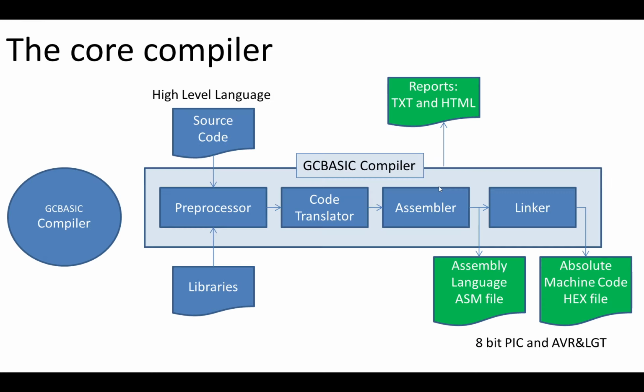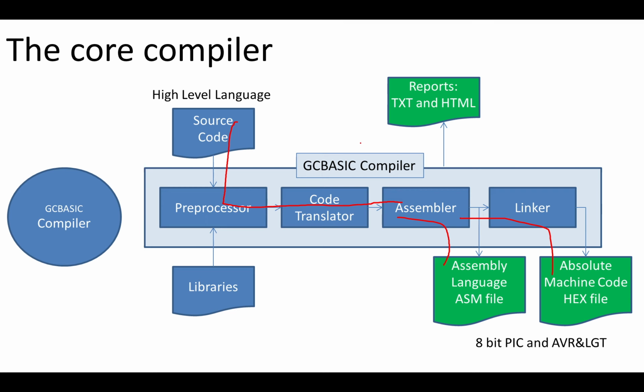So obviously a quick picture helps. Essentially, what we've got inside of GCBASIC, let me show a pen up there, is that we take your source code, pre-process it, and put it through a code translator. We then assemble that code, just so you know, it produces the actual assembly language file at that point. It links it out to produce a hex file. Great.